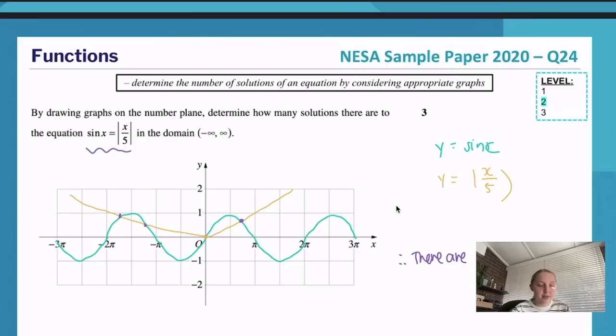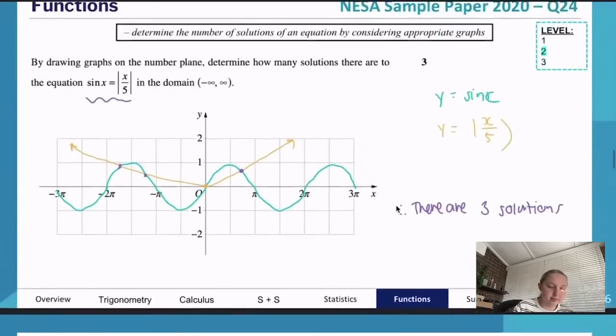So you just want to get super familiar with doing that. Obviously, if it was in your exam, you'd want to use a ruler, but I'm drawing on my iPad, so I don't have a ruler with me. You'd want to do it a little bit more to scale, but that's the general vibe of this question.